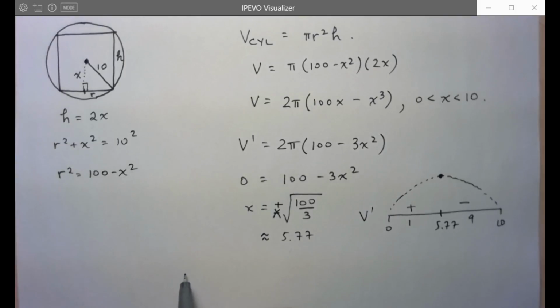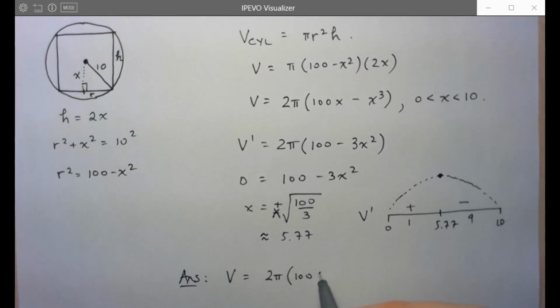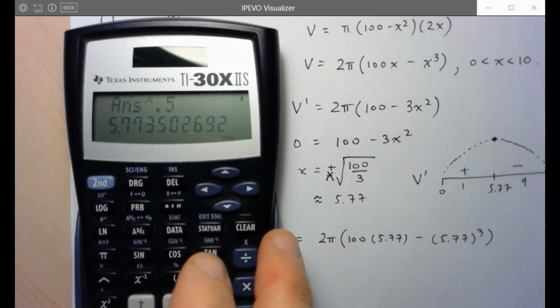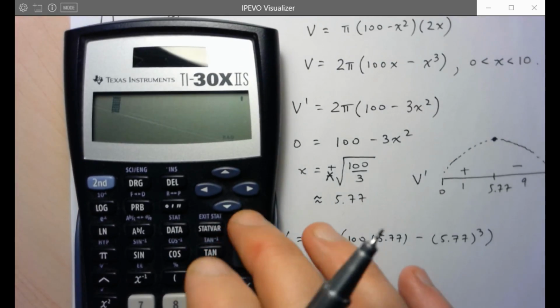We have that my answer is that the volume is going to be given by 2 pi times 100 times 5.77 minus 5.77 cubed. So let's get our trusty calculator here. What do we have?